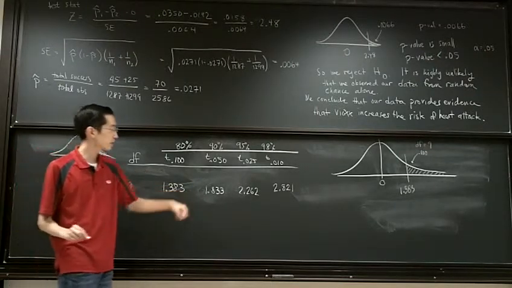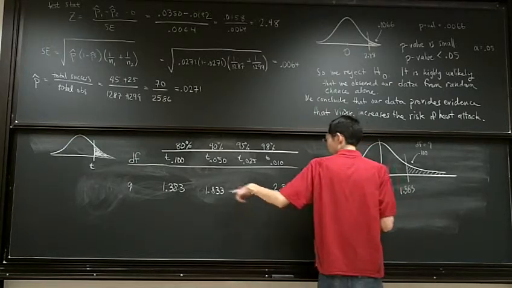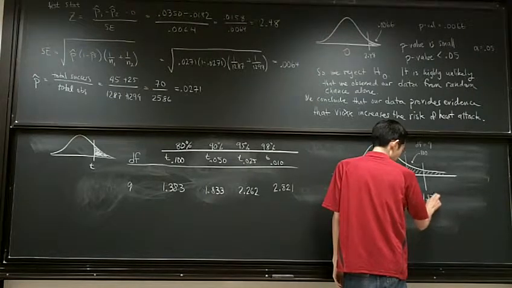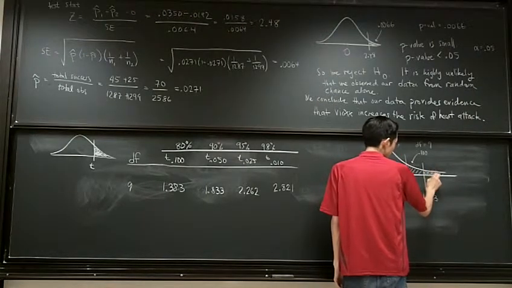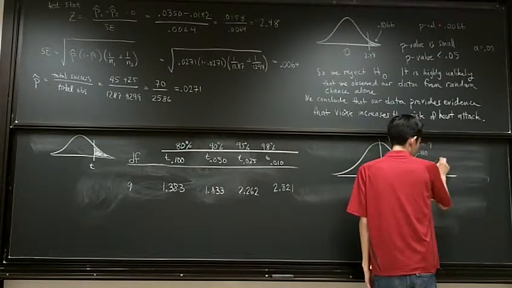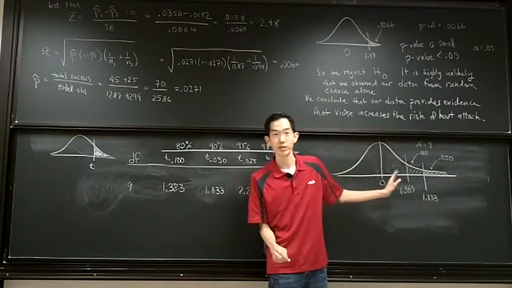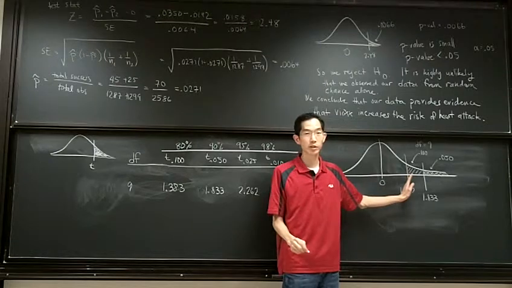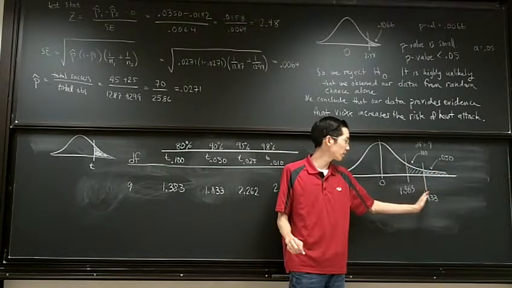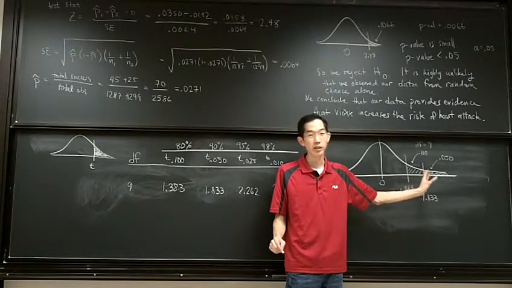The next number says if I go further away from 0 to 1.833 and shade everything to the right, I have 5%. At 1.383, shading everything to the right gives 10%. If I go further away to 1.833, I have even less shaded, at 5%.